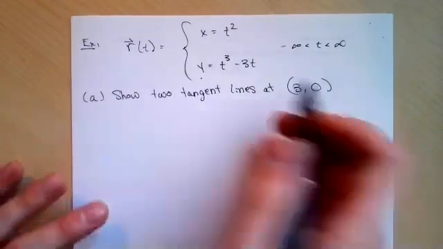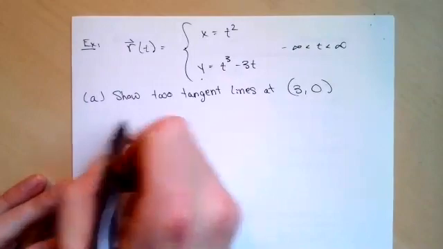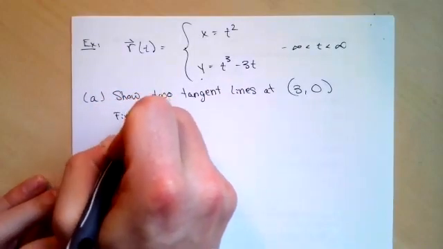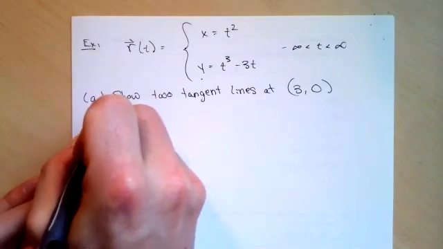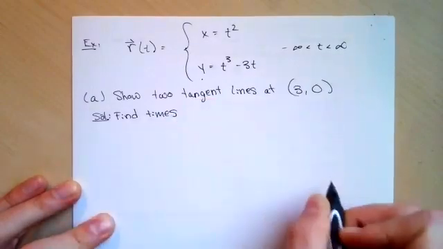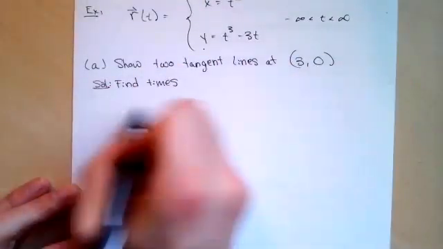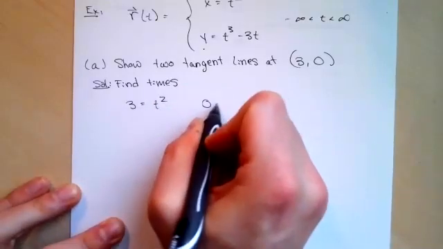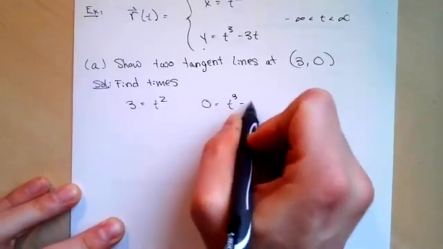So let's see how we would solve this. First part, we need to find when we hit that point. We're about out of time, so let's try to do this fairly quickly. We've got 3 is equal to t squared, and then 0 is equal to t cubed minus 3t.